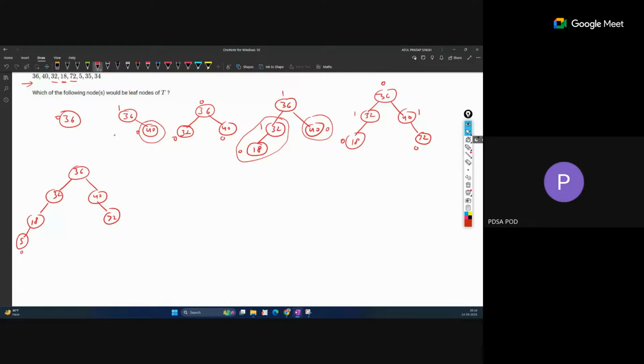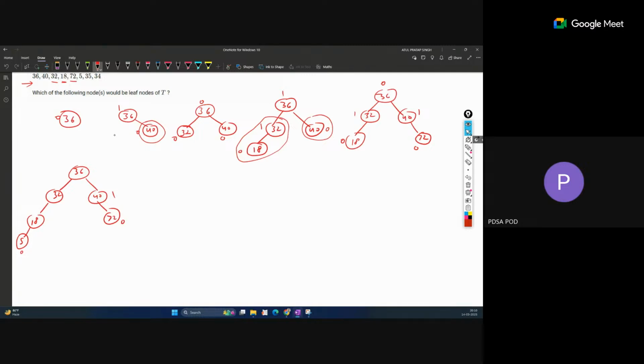So the leaf node balance factor is 0. We need to only update the balance factor from the newly inserted position up to the root node. On the other side the balance factor will remain the same, like 72 and 40. They will not be affected by this 5 insertion because it happens on the left subtree, so we can directly put 0 and 1 here, which will remain the same.